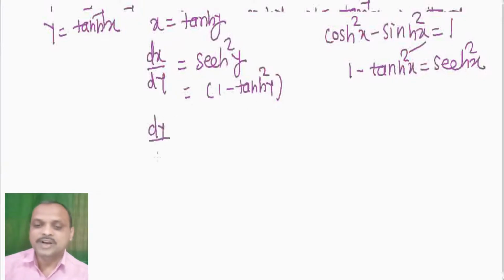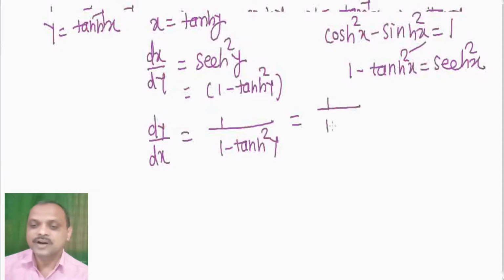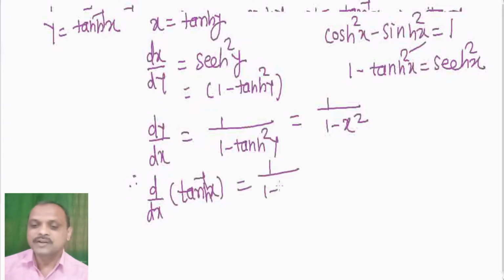Hence dy by dx equal to 1 divided by 1 minus tanh square of y, equal to 1 divided by 1 minus x square, and therefore the derivative d by dx of tanh inverse of x equal to 1 divided by 1 minus x square.